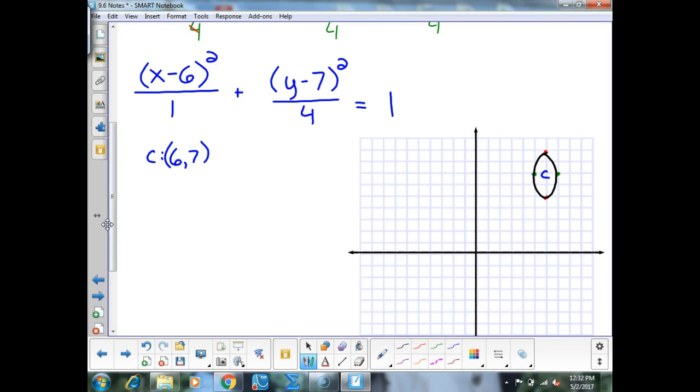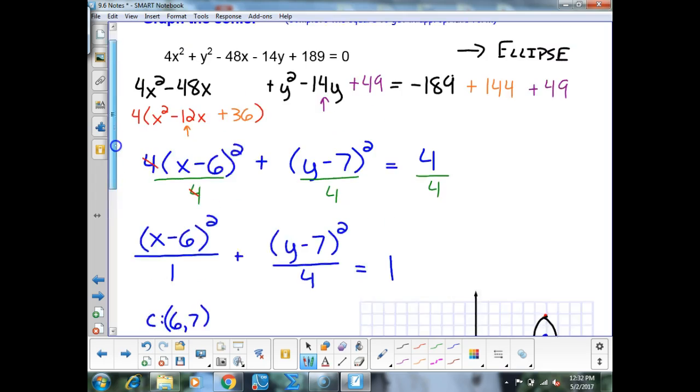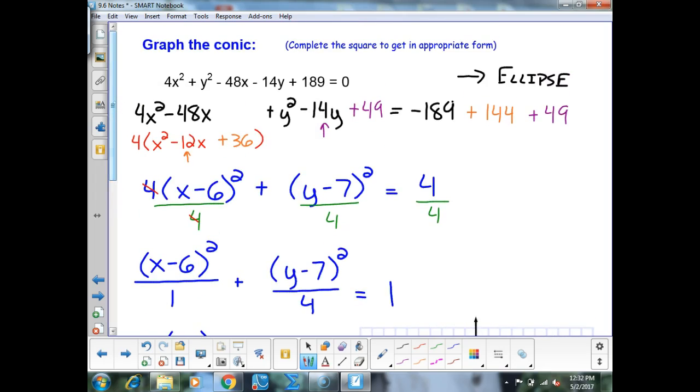So on the test we'll have to graph it from the equation that we find, right? On the quiz on Friday, you're going to get an equation that looks like this. First, you're going to have to classify what it is. Then you're going to have to graph it. Then, if it's a parabola, you're going to have to tell me what the vertex is, what the focus is, what the directrix is, which way it opens.